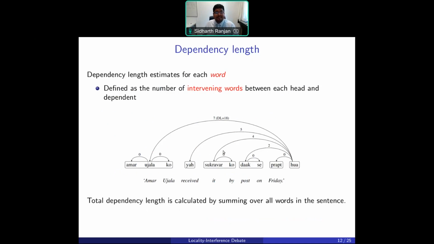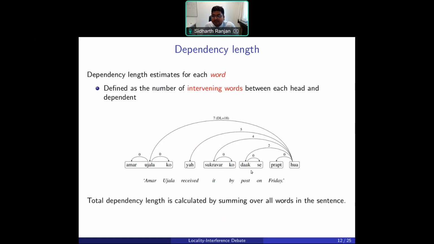Then we compute dependency length, which accounts for the locality effect or decay-based mechanism. We compute dependency length estimates for each word in the sentence by simply counting the number of intervening words between head and dependent. In this case, if the word dark is dependent on the verb hua, we count the number of intervening words, which is 2.